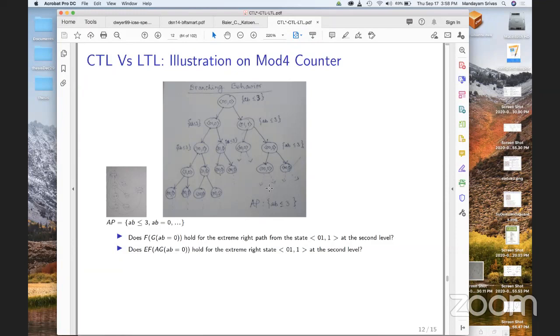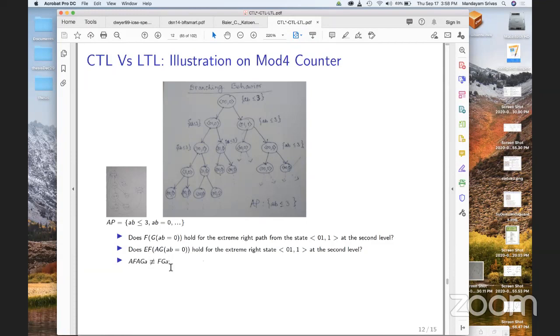But obviously it does not, because these states have other paths, the ones going to the right, on which AB equal to 0 is not continuously true. There are paths in which the reset can toggle, so it is not the case. That's the point I want to raise.